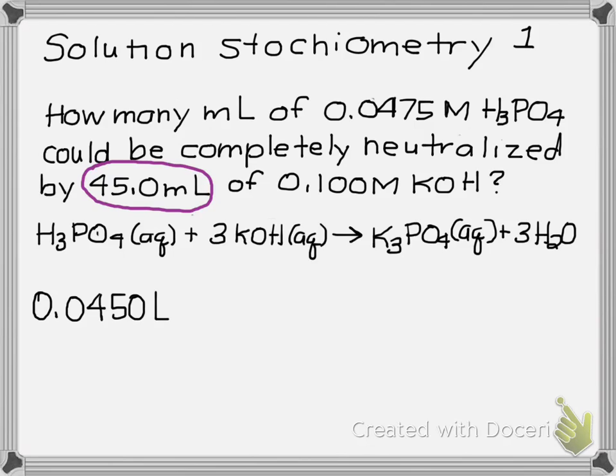The reason we have to be in liters is because we're going to use molarity, and molarity tells us the ratio of moles of the solute per liters of the solution, and so we need to be in liters and not milliliters.